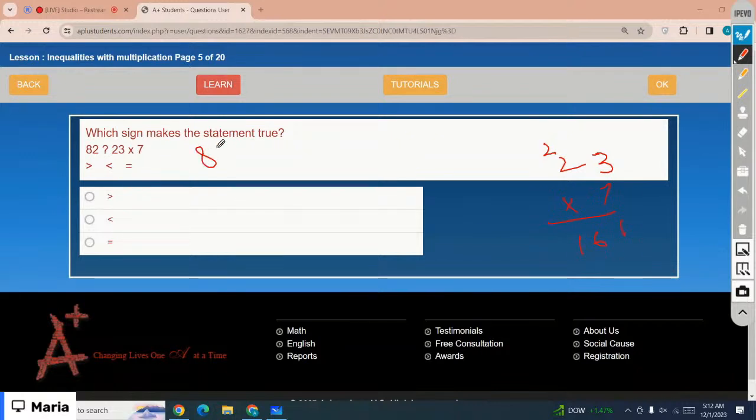That is 161. So 82 is less than 161. Got it? The correct option is less than, right?